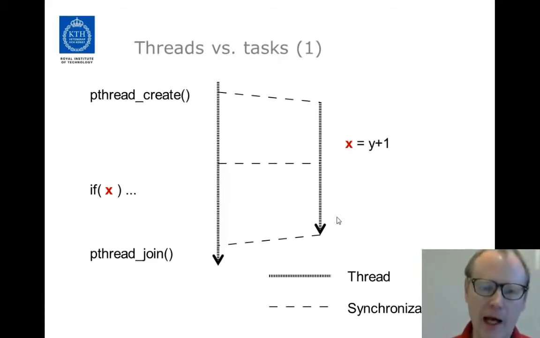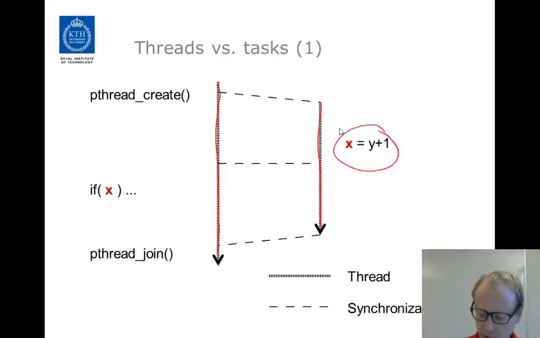Again, let's recap the difference between threads and tasks. Assume a threading model where you have, for instance, POSIX threads or Pthreads, and you have two threads, one executing here and another executing here, and these threads need to update or use the same variable.